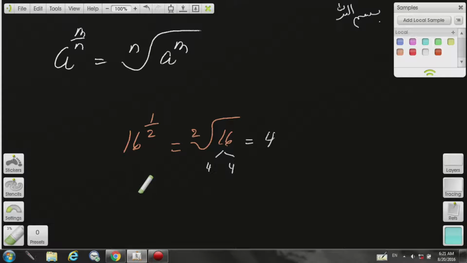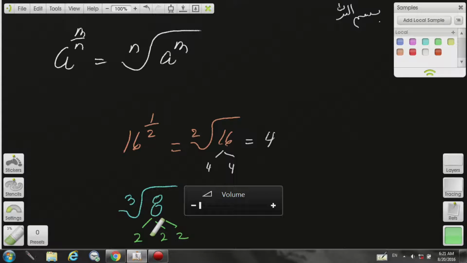Then if you have the cube root of 8, this means what number multiplied by itself 3 times will give you 8. In this case, of course, it's 2. 2 times 2 times 2 is 8. So the cube root of 8 is 2.